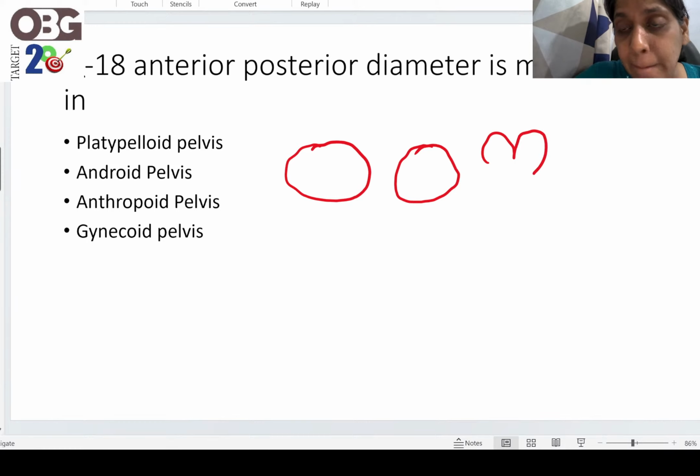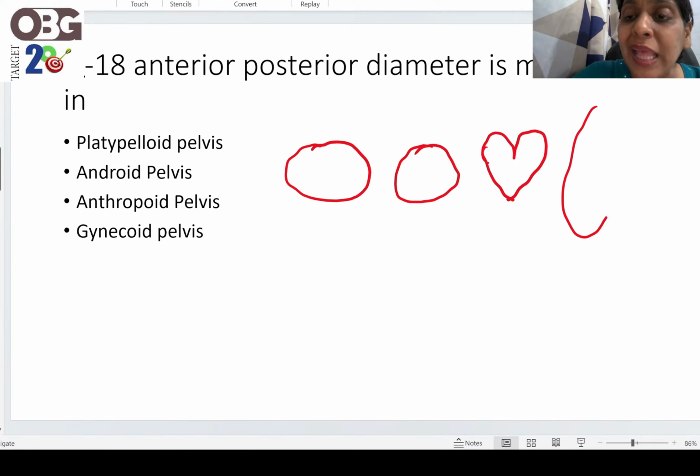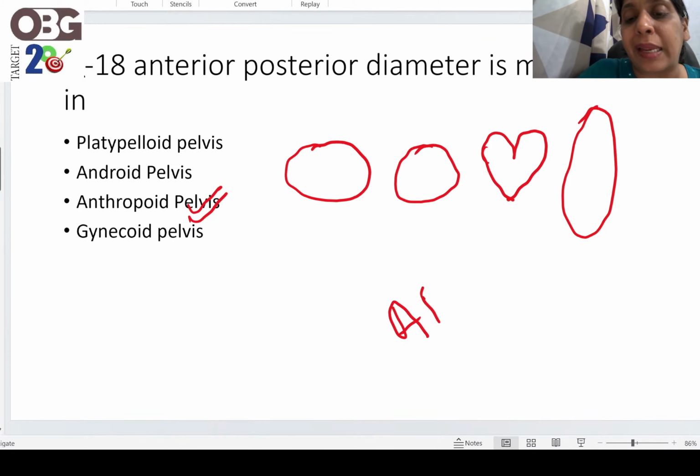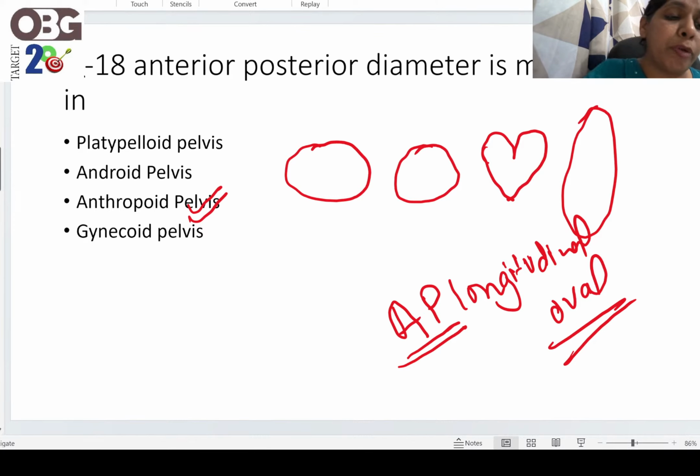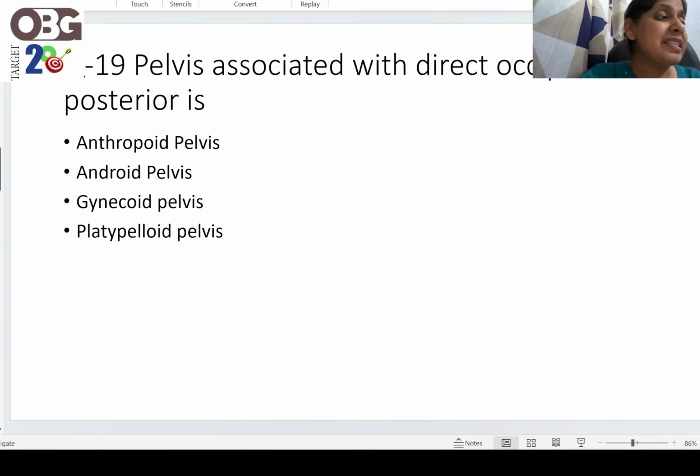The android pelvis is heart-shaped, and only the anthropoid pelvis is longitudinally oval and has the anteroposterior diameter more. AP is the short form of anthropoid. So AP, long or longitudinal oval, is the anthropoid pelvis. Pelvis associated with direct occipito-posterior.